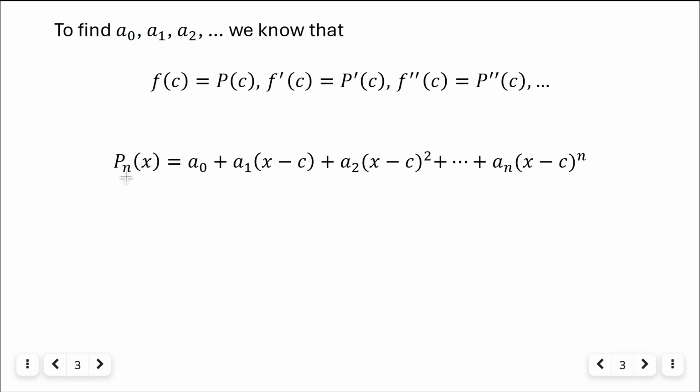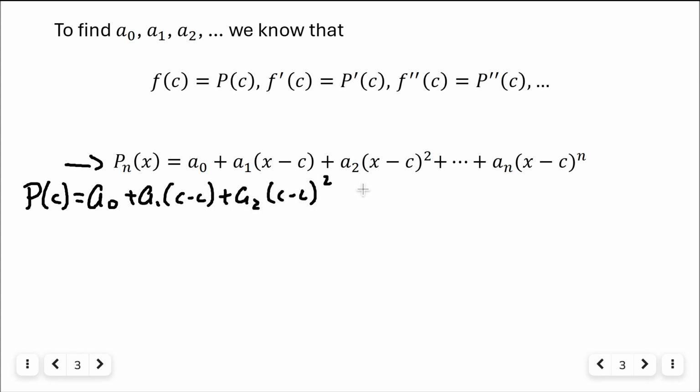So if I were to substitute that into my equation that I have here, well, p of c would equal a0 plus a1 times (c minus c) plus a2 times (c minus c) squared, and we can go on forever if we want, a sub n times (c minus c) to the n power. But all these are going to drop out, right?